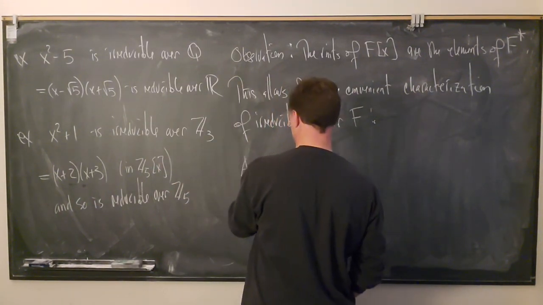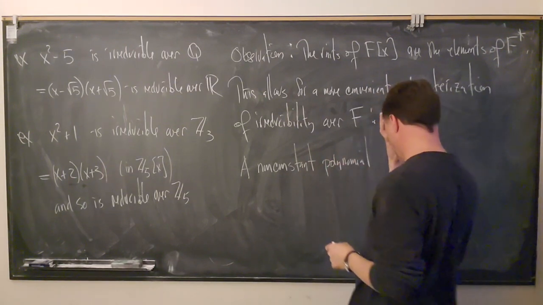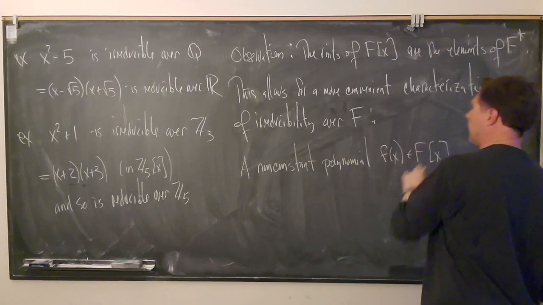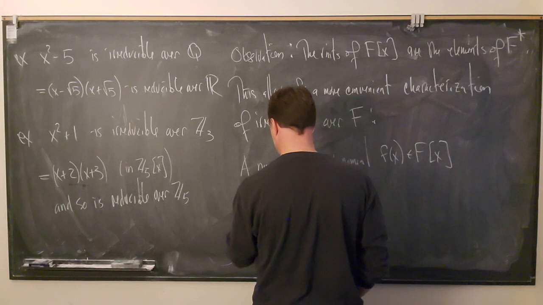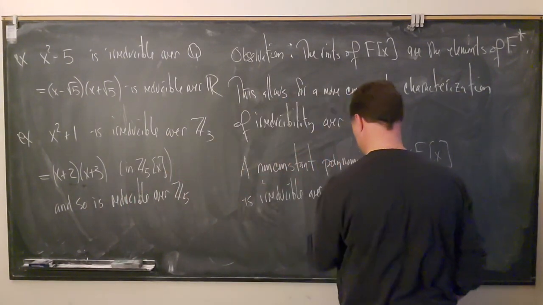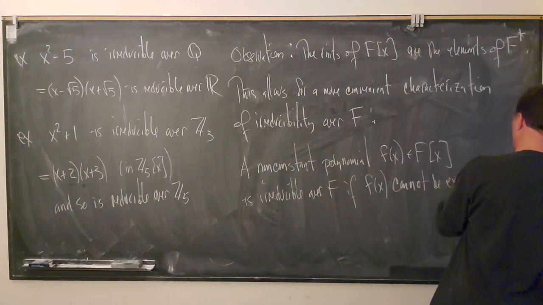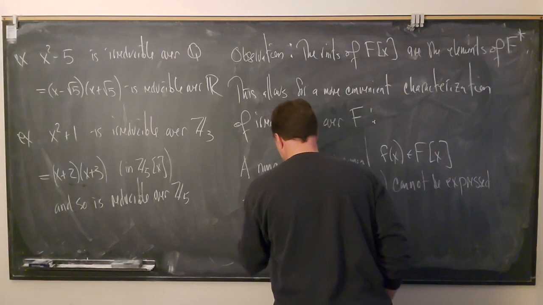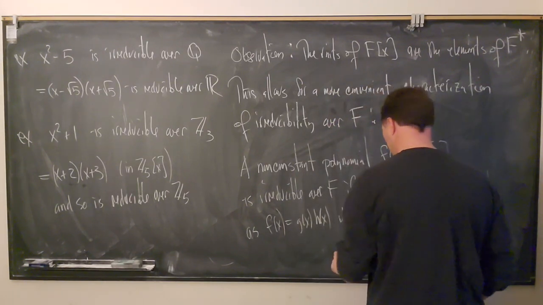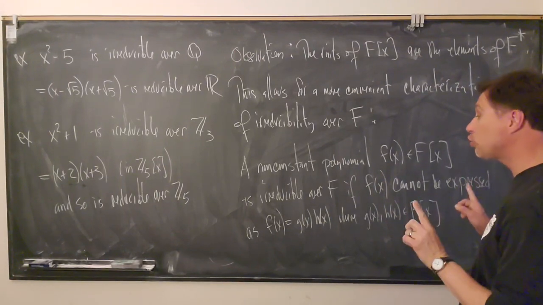A non-constant polynomial, say f of x in F bracket x, is irreducible over F if f of x cannot be expressed as f of x equals g of x times h of x, where both g of x and h of x are polynomials in F bracket x whose degrees are strictly smaller.